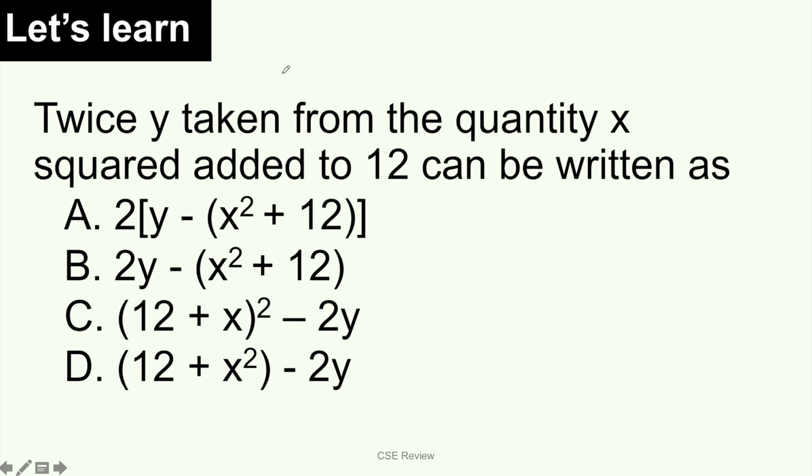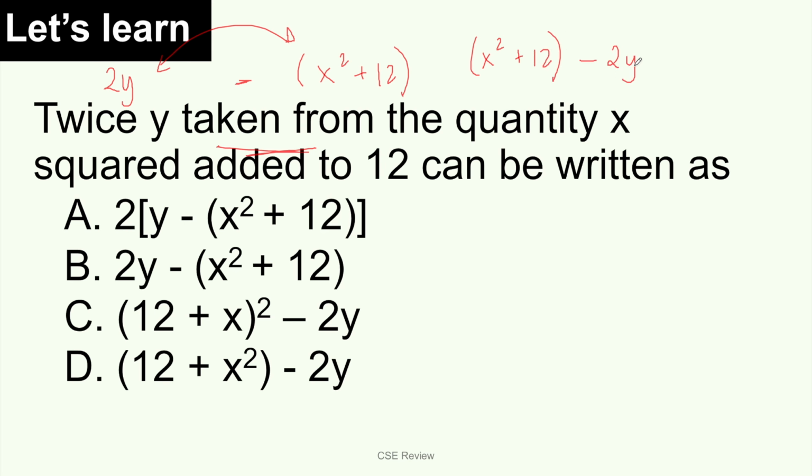Twice y is 2y. Tapos, taken from, which is baliktad siya. So, dapat nandun siya sa kabilang side. Taken from the quantity, so parenthesis, x squared added to 12. Yan. So, ito, pagbabalik-tarin ko kasi taken from siya. So, the answer should look like this. So, x squared plus 12 minus 2y.